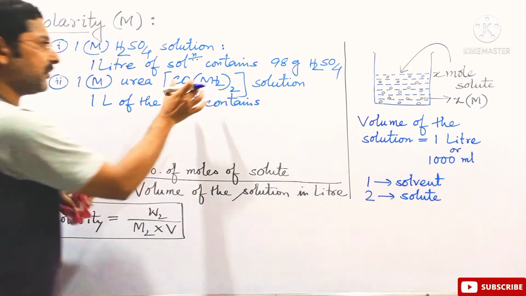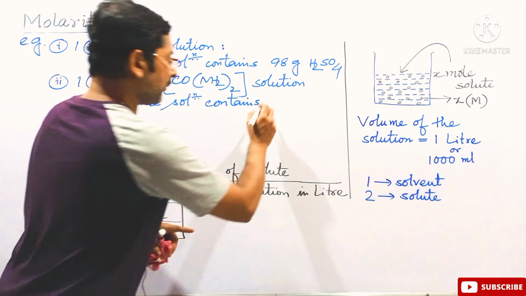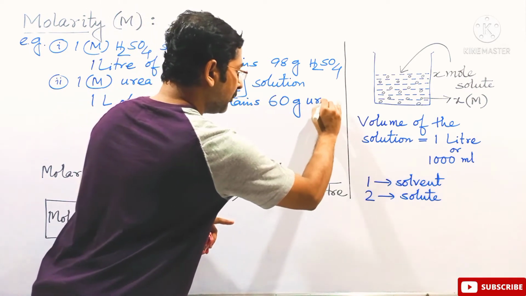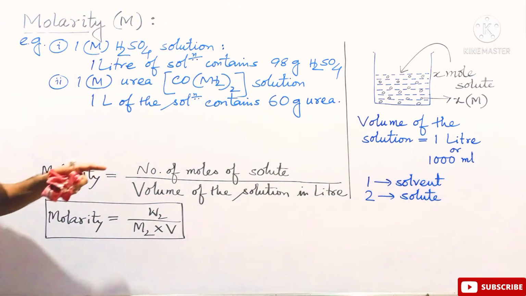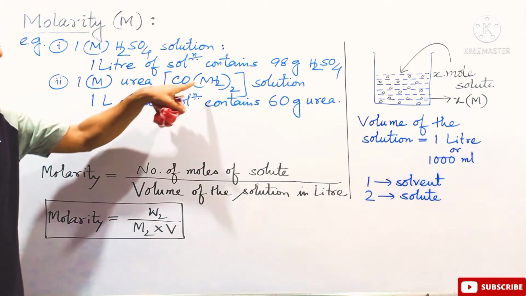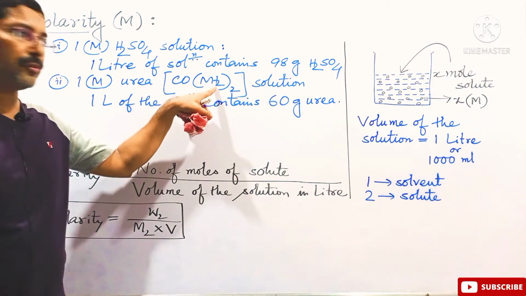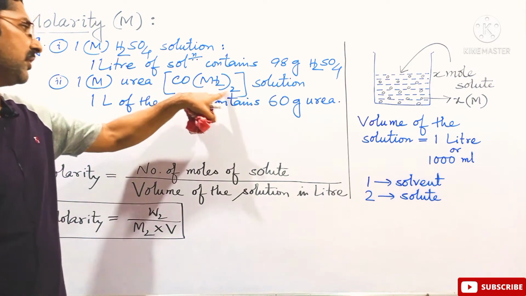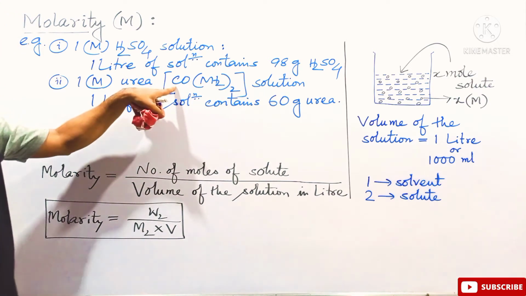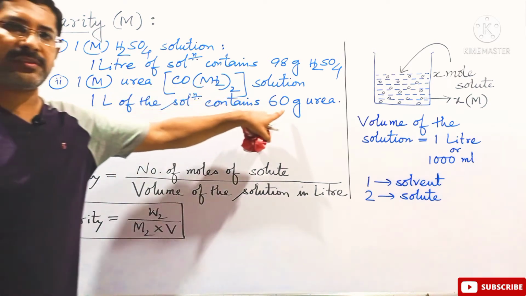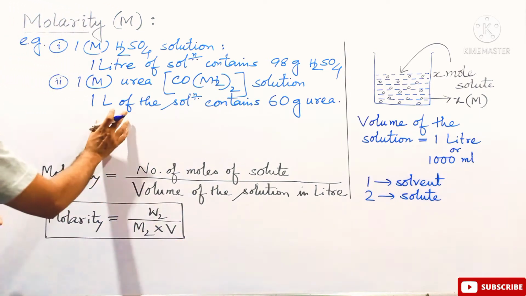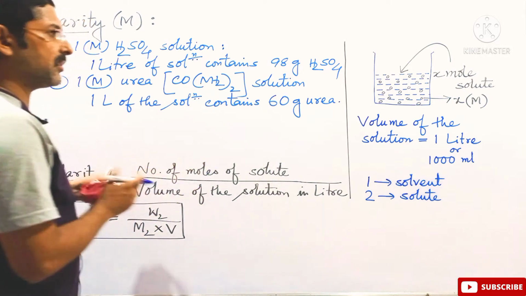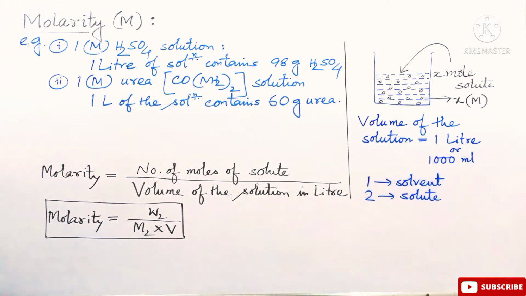Definitely molecular mass amount of urea. The molecular mass of urea is 60, so 60 gram urea, right? Carbon is 12, oxygen 16, nitrogen 14, hydrogen is 1. So this is 14 into 2, 28, 16, plus 12, equal to 60, right? So 1 molar urea means 1 liter of the solution contains 60 gram urea, right?